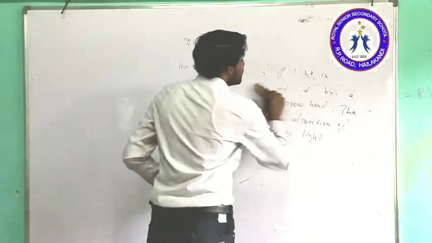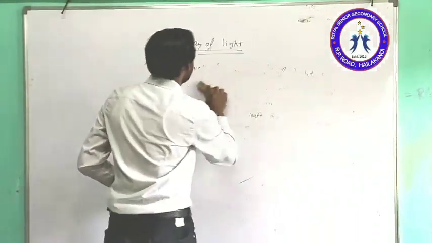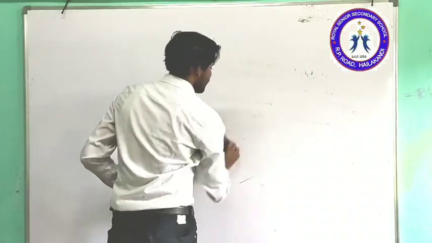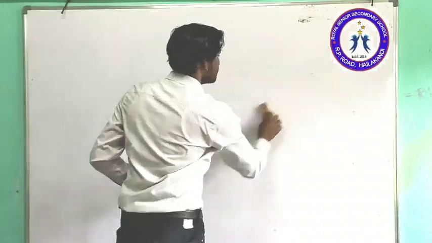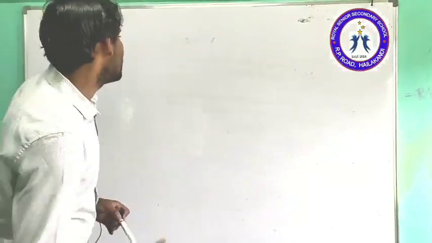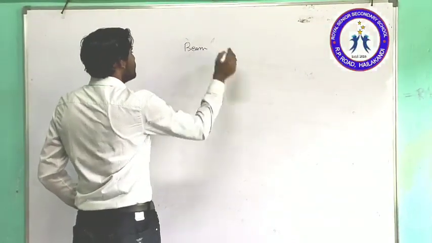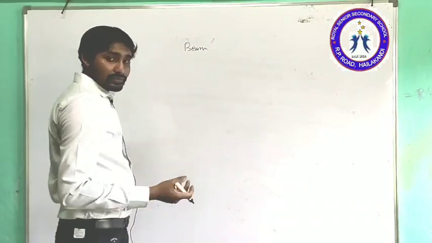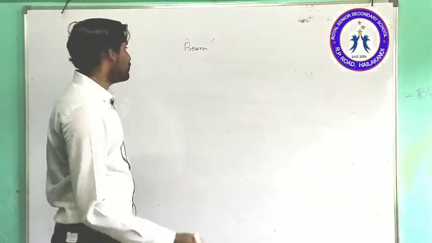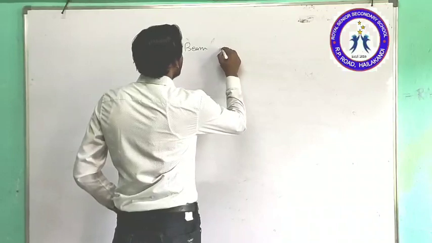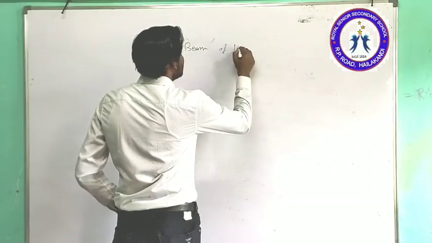After that, something comes called a beam of light. Now you know what a ray of light is. Now what is a beam of light?